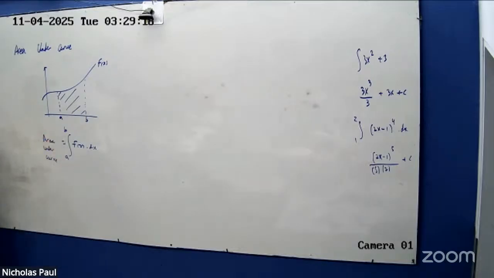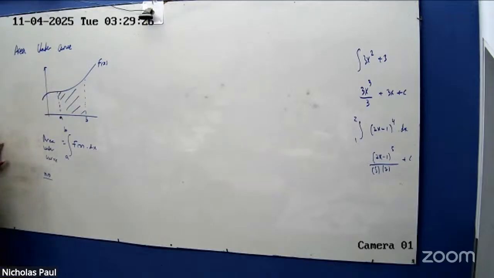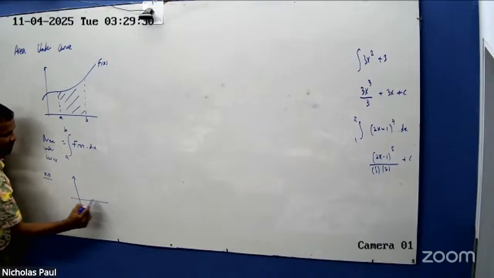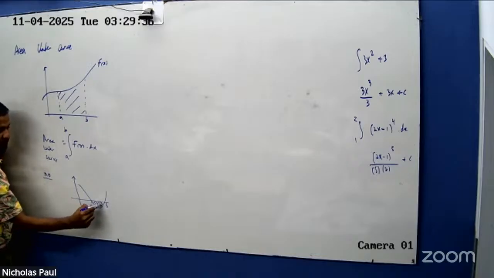There is something to note though. There are a couple of special cases, right? You could also integrate with respect to y, but that's not on your syllabus. But here's what is happening. If I ask for the integral between a and b, it will be underneath here.